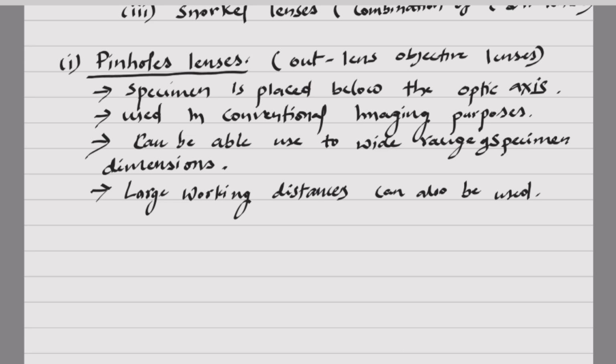Whenever there are large working distances, higher depth of field can be achieved.